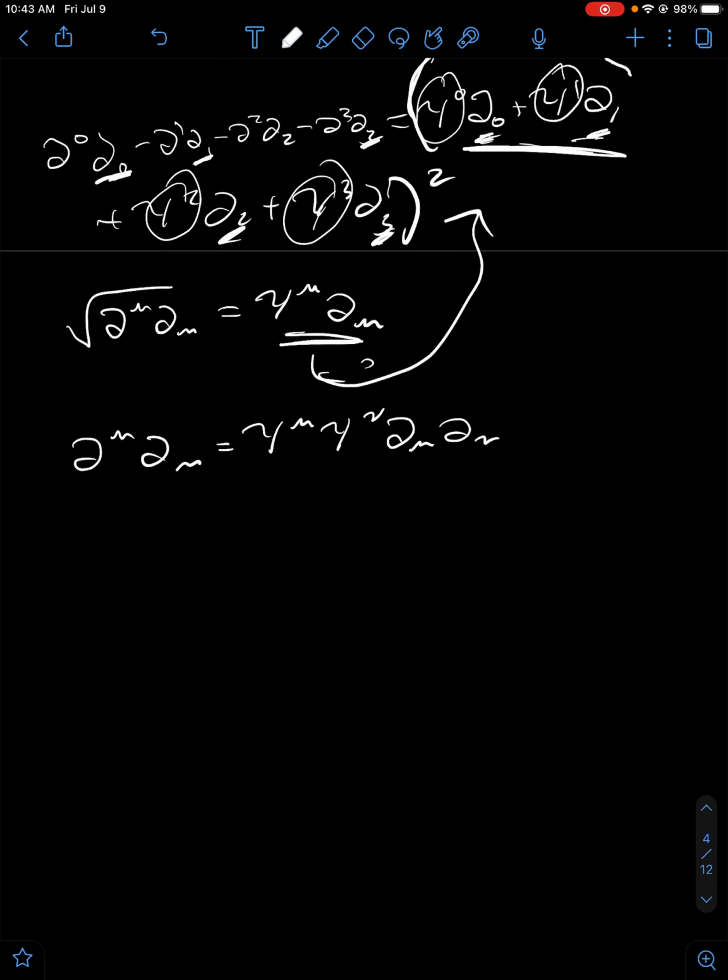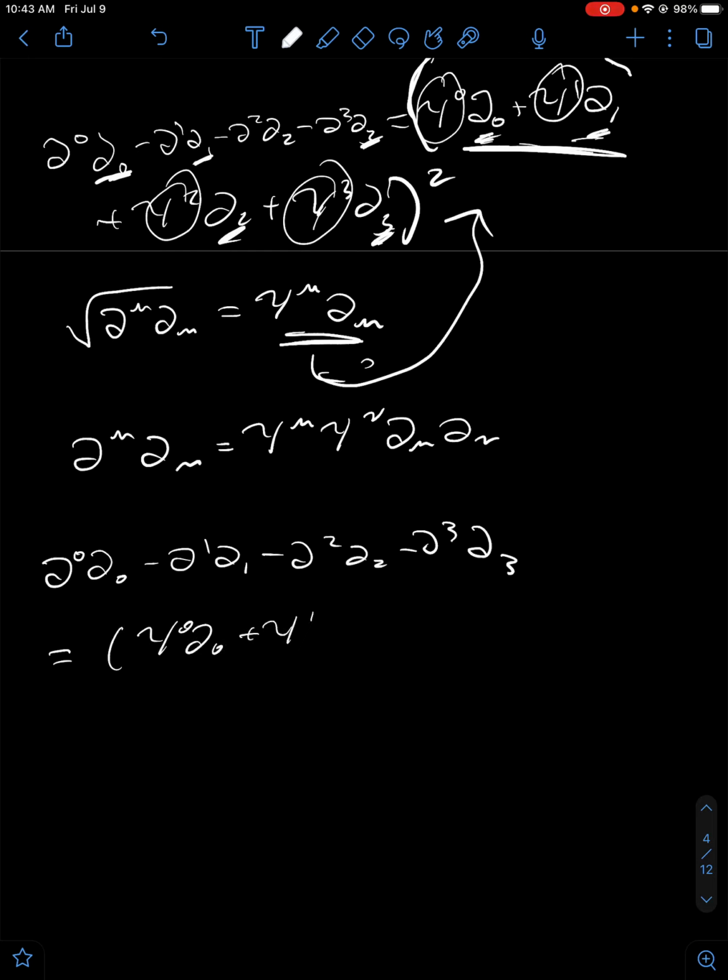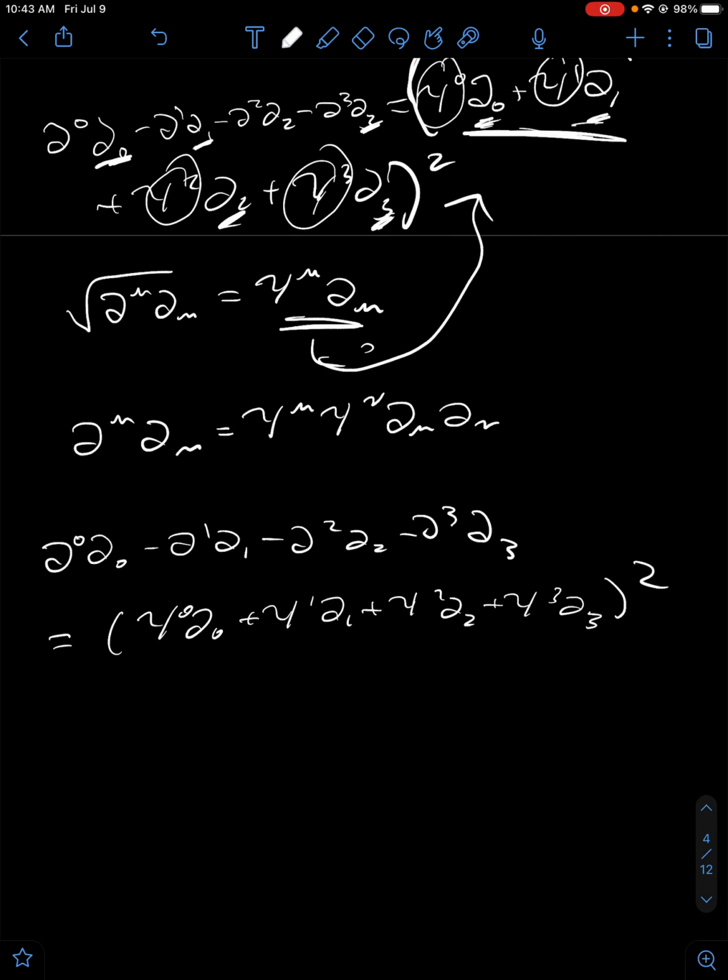Or to put it more explicitly, we're saying that partial not minus partial 1 minus partial 2 minus partial 3 equals gamma not partial plus gamma 1 partial plus gamma 2 partial plus gamma 3 partial squared. And that's what we're saying.